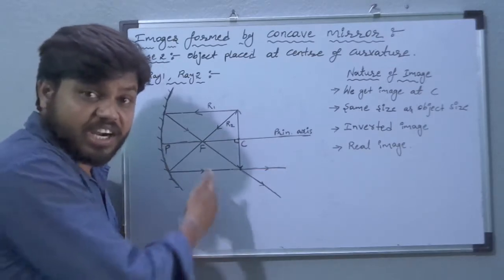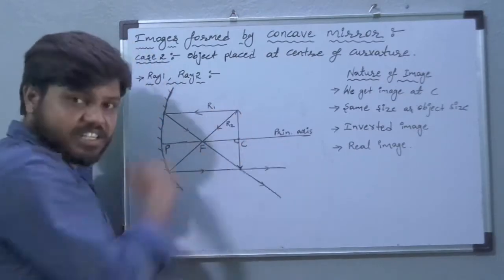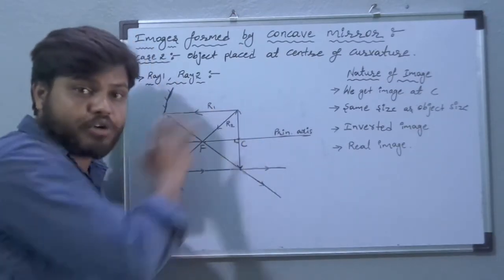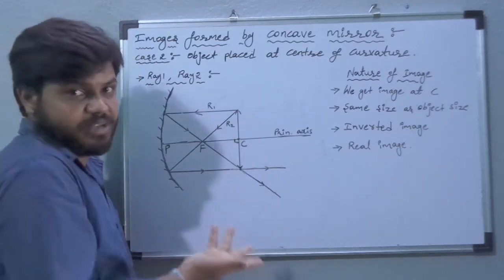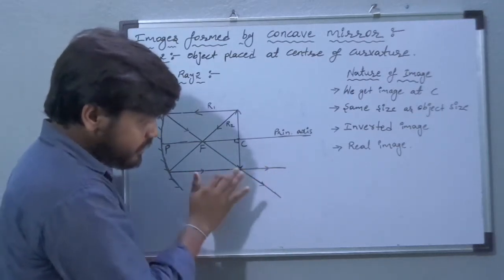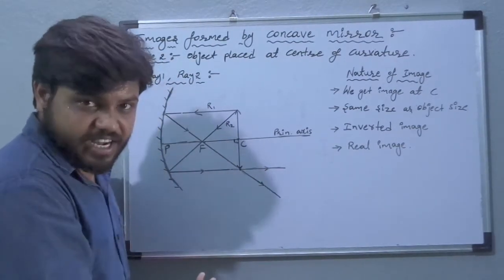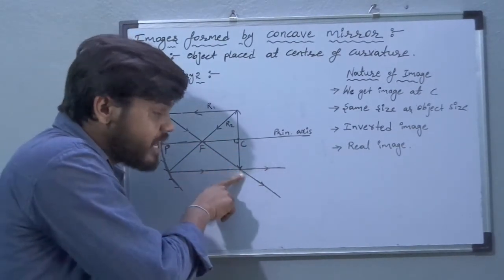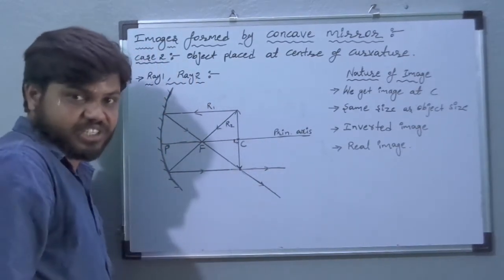We are getting this image on the screen. If we place the screen, then only we can see the image, otherwise we can't. So that's why it is a real image, as I already said. By the intersection point of reflected rays we are getting the image, that's why it is a real image.